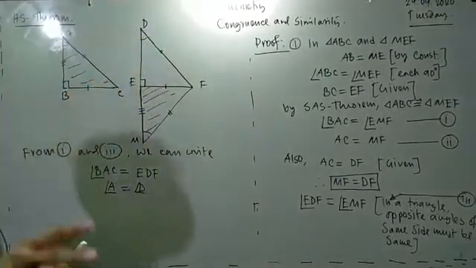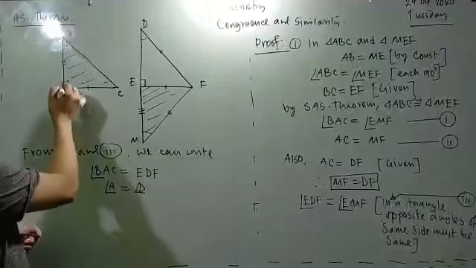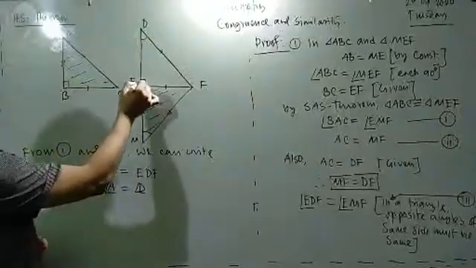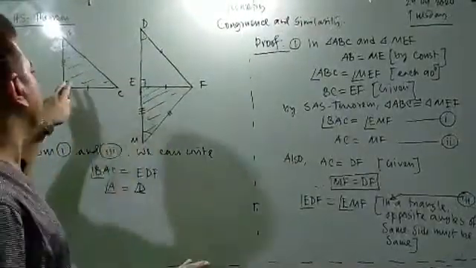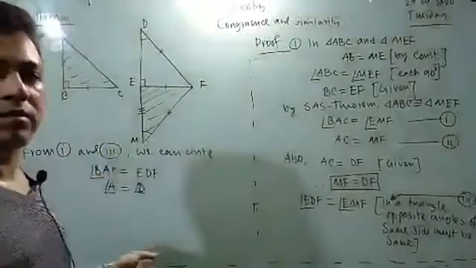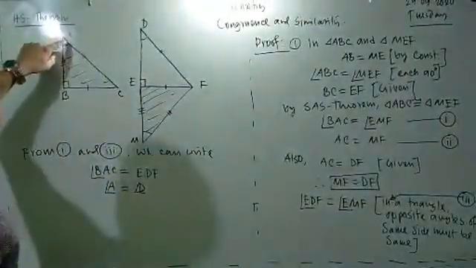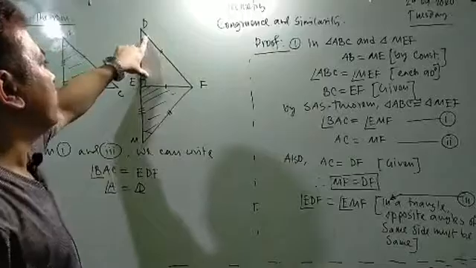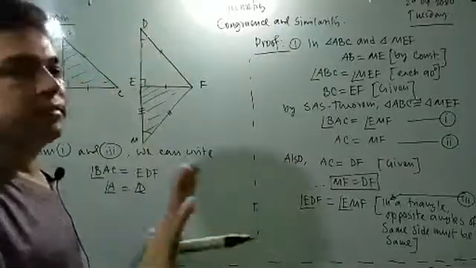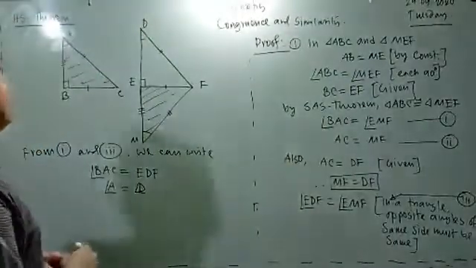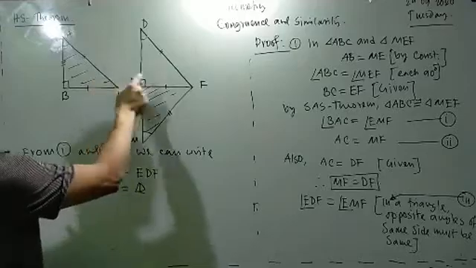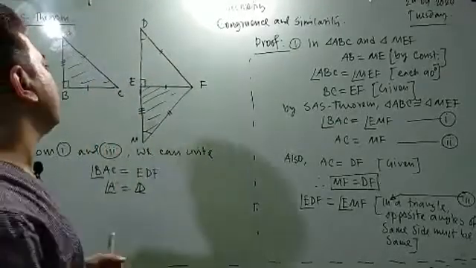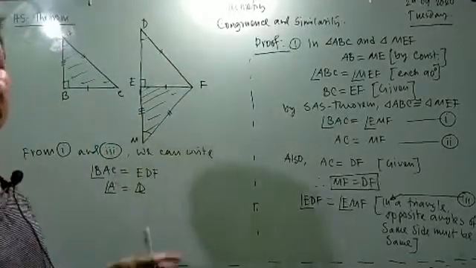Okay, so 2 angles we already have. This angle is 90 degrees and this angle is also 90 degrees. This is the same angle, and we have proved this angle and this angle are the same. So already we have 2 angles the same. Okay, so we have to show whether this angle and this angle are the same, because otherwise we cannot apply any other theorem.